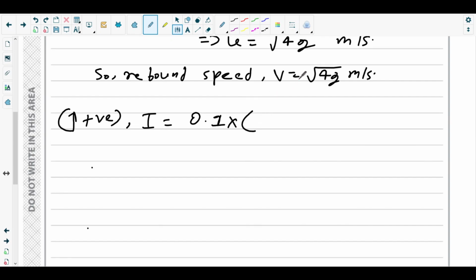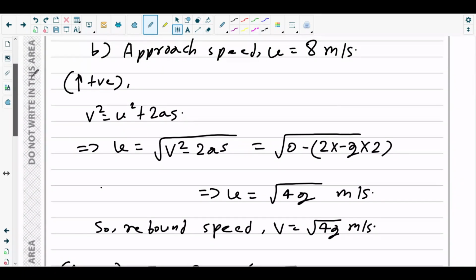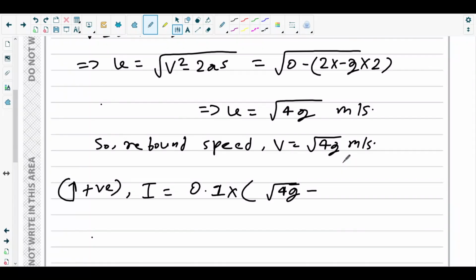V is the rebound speed, which is in the upward direction, so positive, square root of 4g, minus initial speed, which is the approach speed. Approach speed is in the downward direction, so it will be negative 8. So negative 8 makes it positive 8.